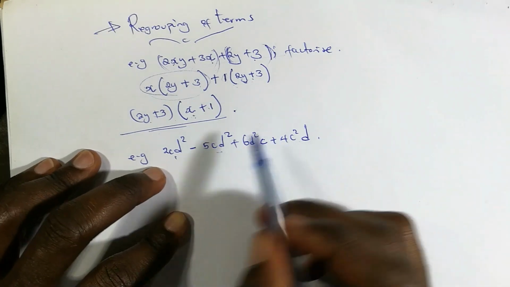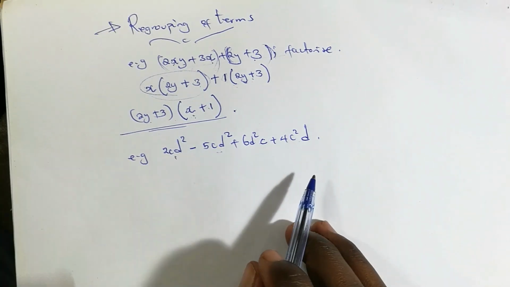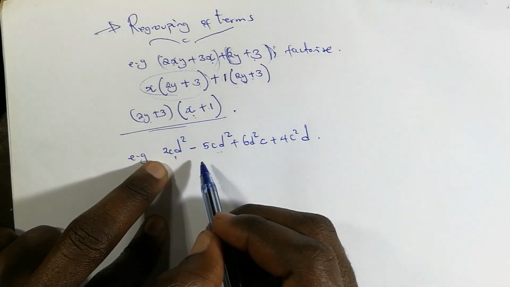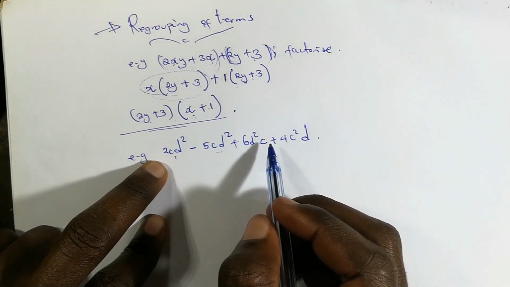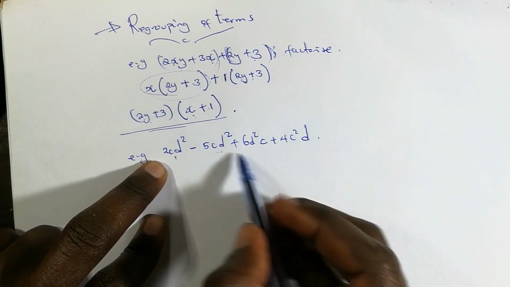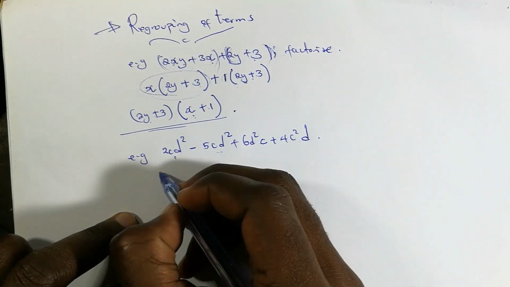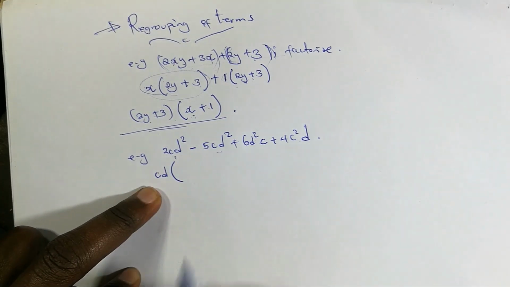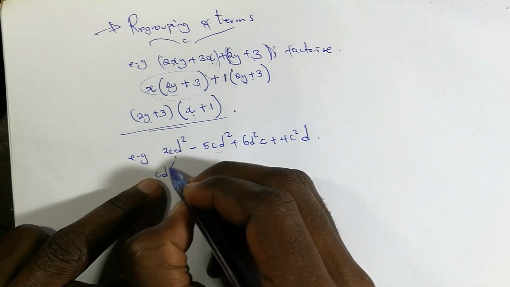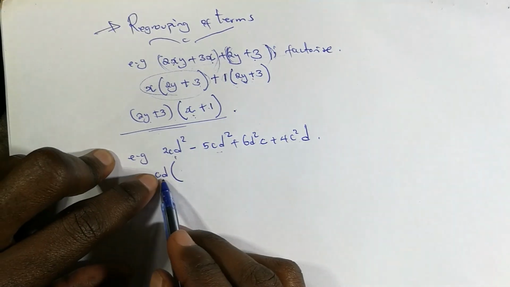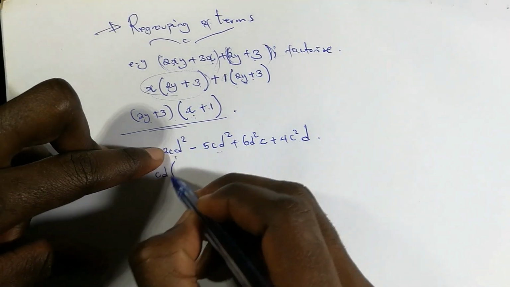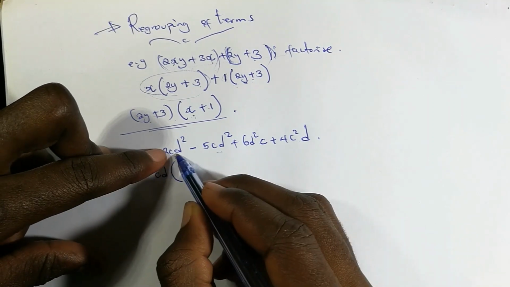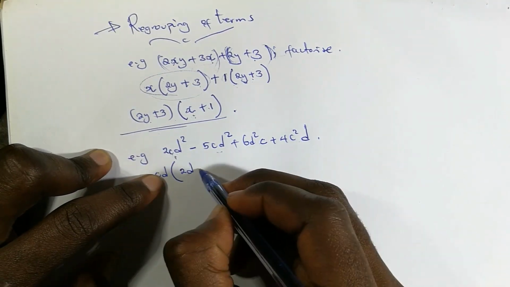So if you realize, we have cd everywhere, and so that means we can first group and see, since we have a cd common everywhere, you can first pull it out to see what will come out inside. If you remove cd out, we are going to remain here with 2d for that case, because you multiply back, you go back there, minus.